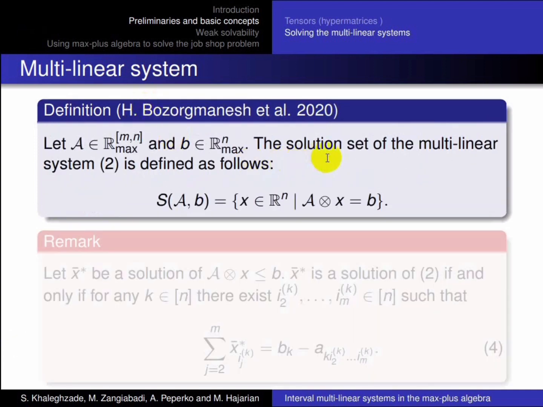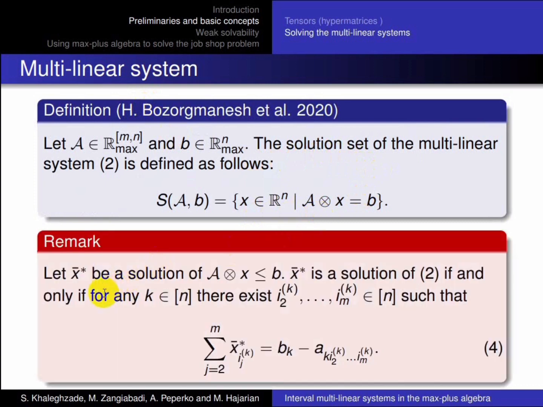And the solution set of the multilinear system is defined as follows. So x bar star is a solution of this inequality, x bar star is a solution of 2 if and only if for any k this equality exists.